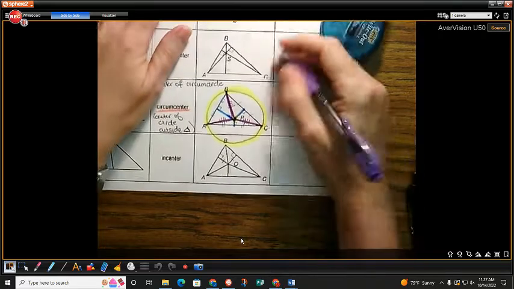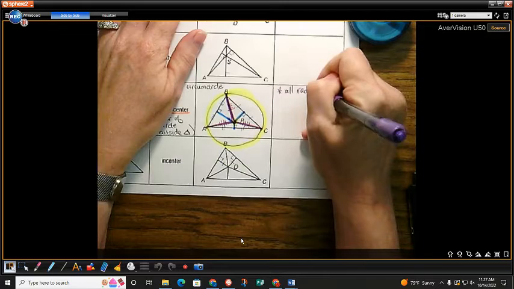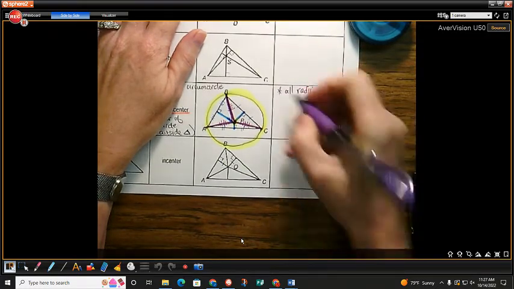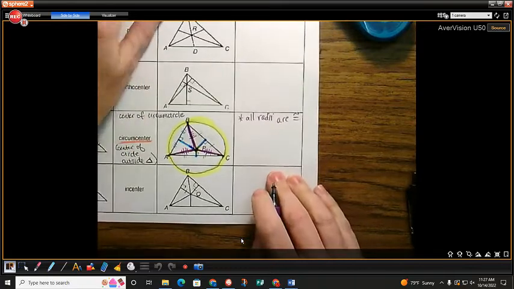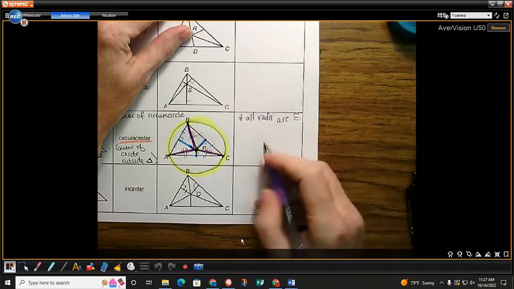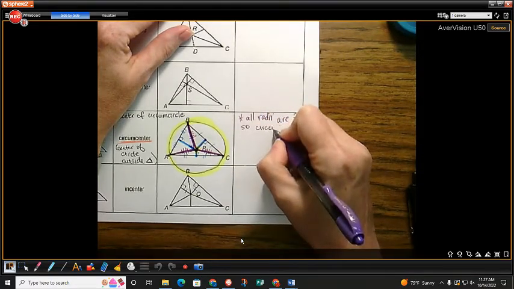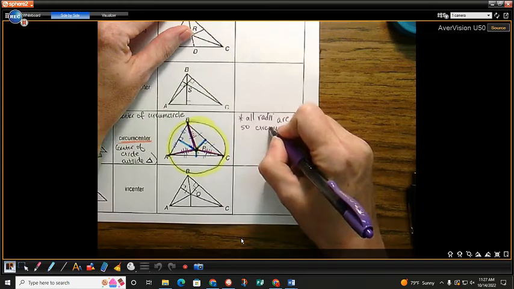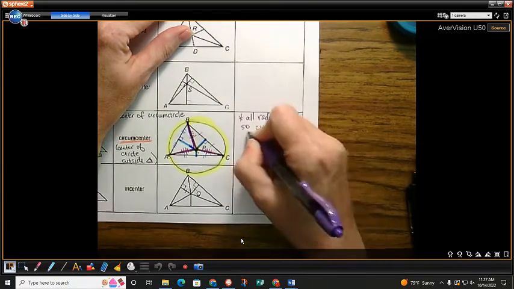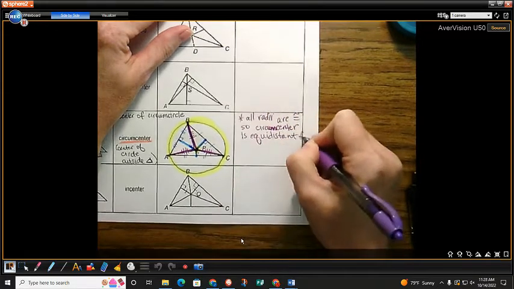Okay? So basically, all radii are congruent in a circle. All radii are congruent, so the circumcenter, that only has one C, circumcenter is equidistant from the vertices.